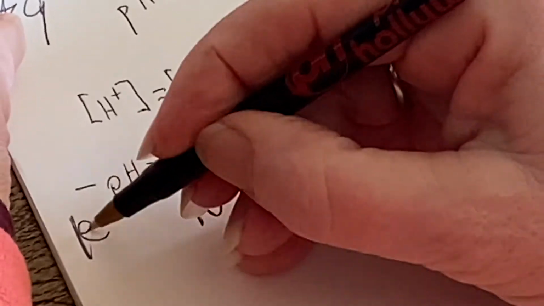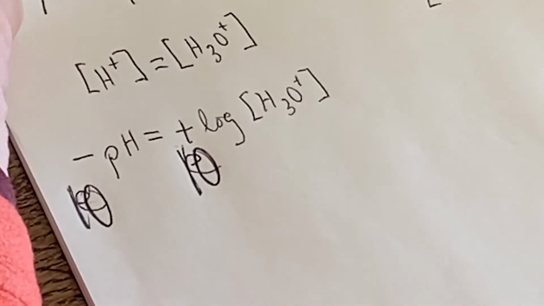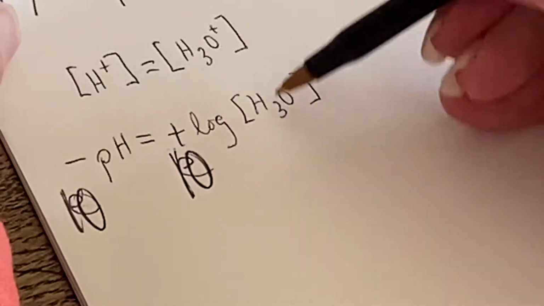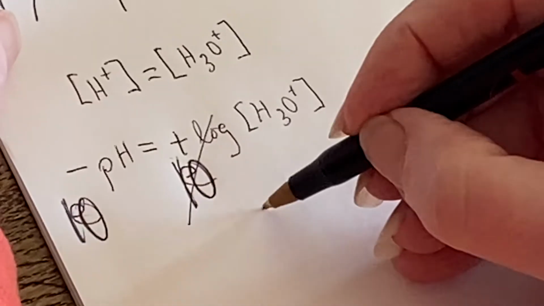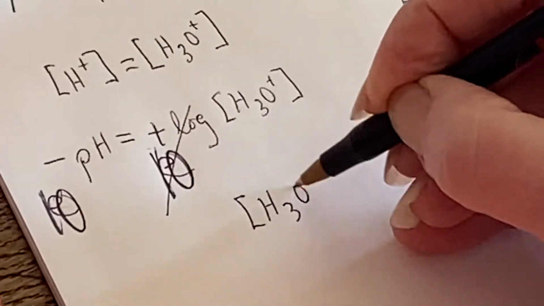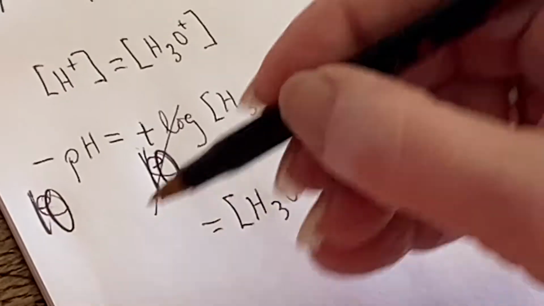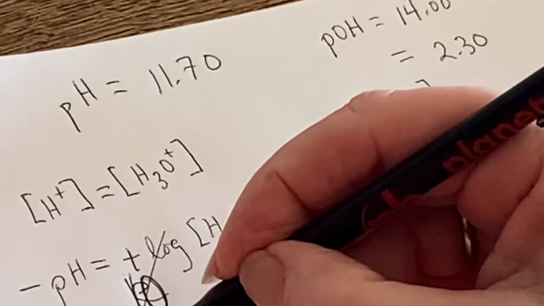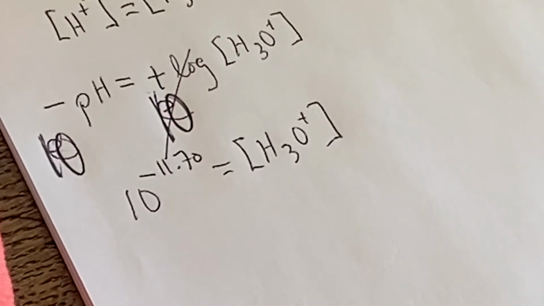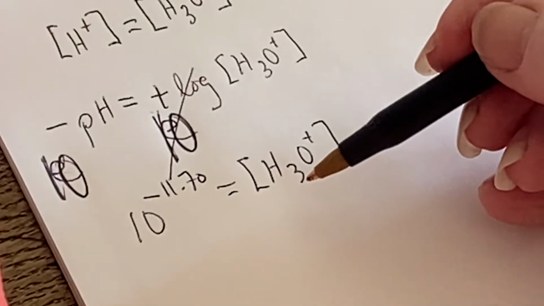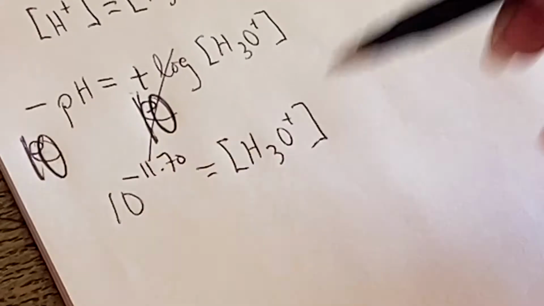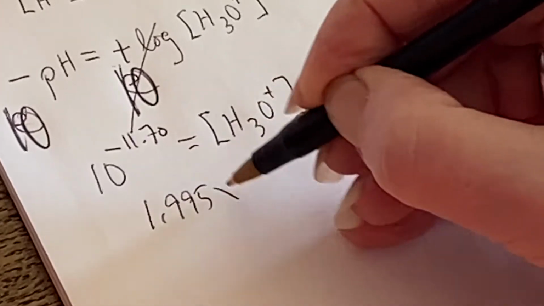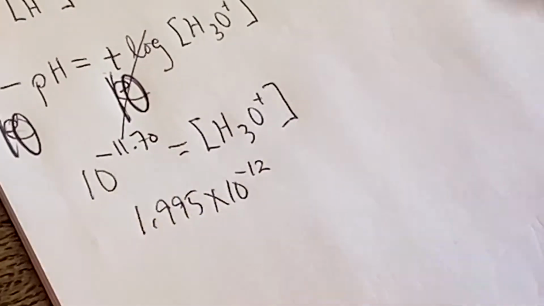It's a 10. Never mind, it's log base 10. Those will cancel so that you will have the concentration of hydronium ion. And over here, you're going to go 10 to the negative, oh, what was the pH again? 11.70. You use your calculator on that, and you're going to find out that it gives you a number of 1.995 times 10 to the negative 12.